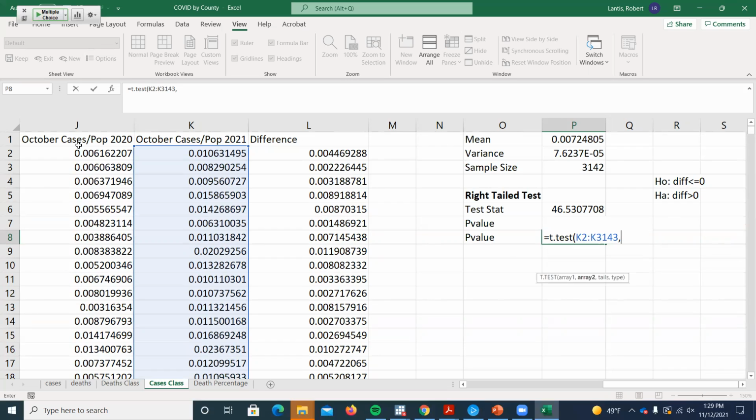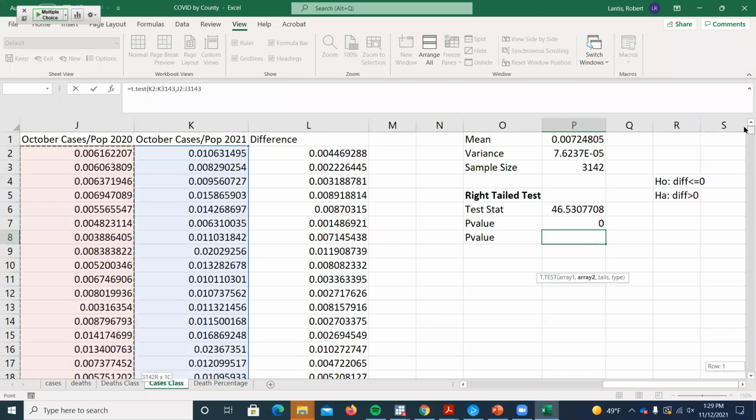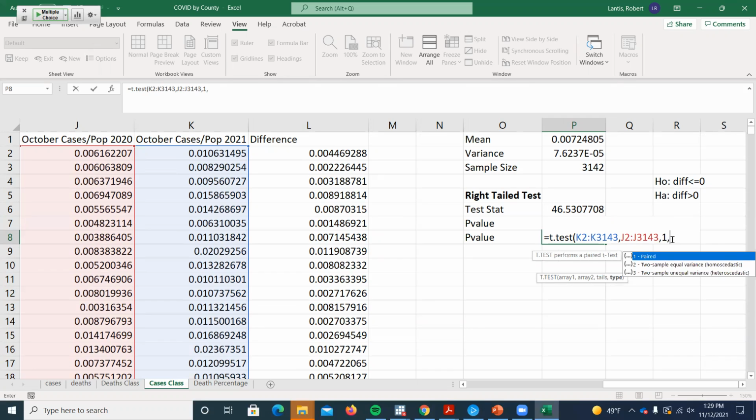The second array was my second variable, the cases in 2020. Control Shift, I selected that entire column. And then comma, what type of tailed test do I have? Well, here I have a right-tailed test, so that would be a one-tailed test, comma, we have 3 different options.